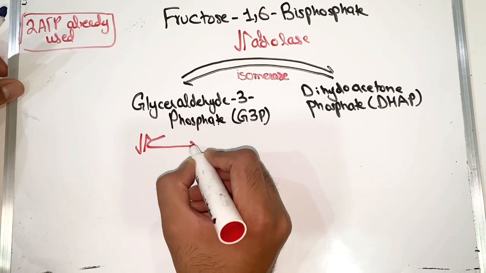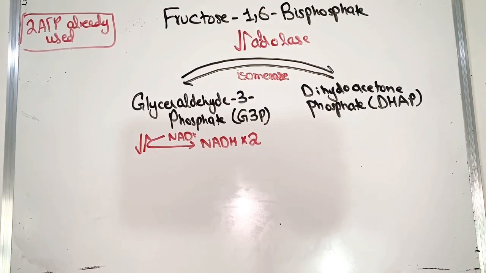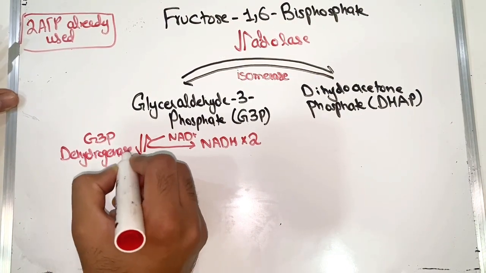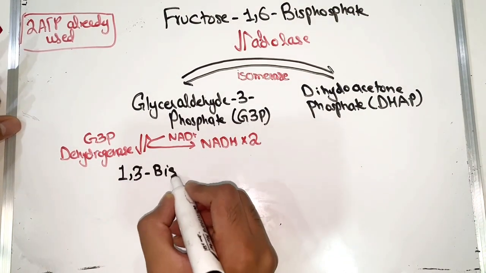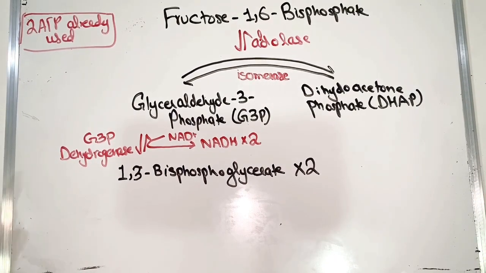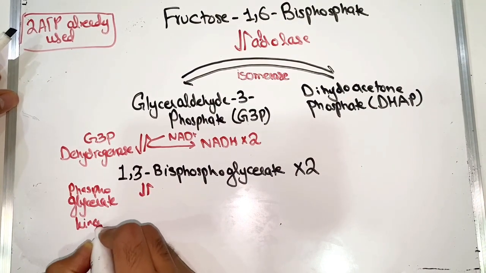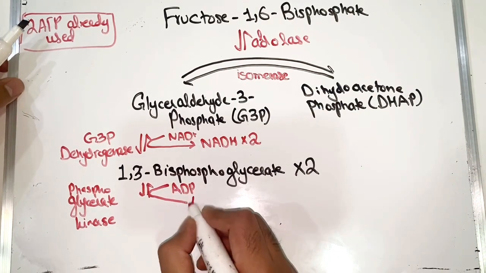We will get two NADH molecules because now we have two glyceraldehyde 3-phosphate with the enzyme called glyceraldehyde 3-phosphate dehydrogenase, which will convert it to 1,3-bisphosphoglycerate. Two molecules of 1,3-bisphosphoglycerate will be converted into 3-phosphoglycerate by an enzyme called phosphoglycerate kinase, which will give us 2 ATP molecules.